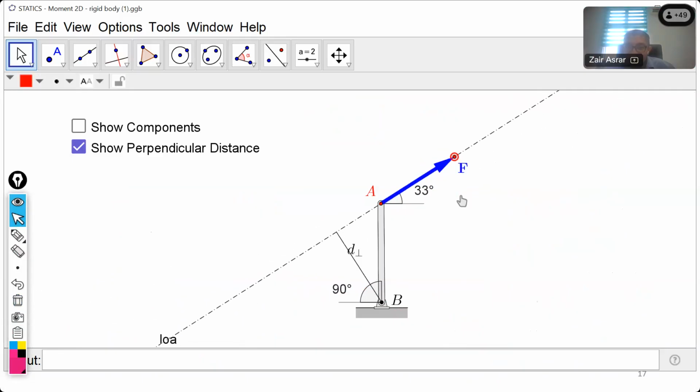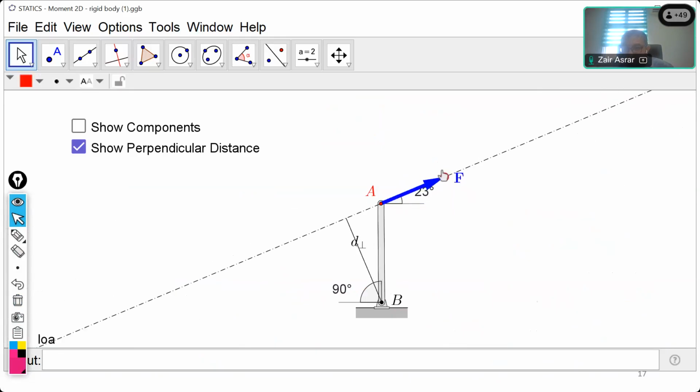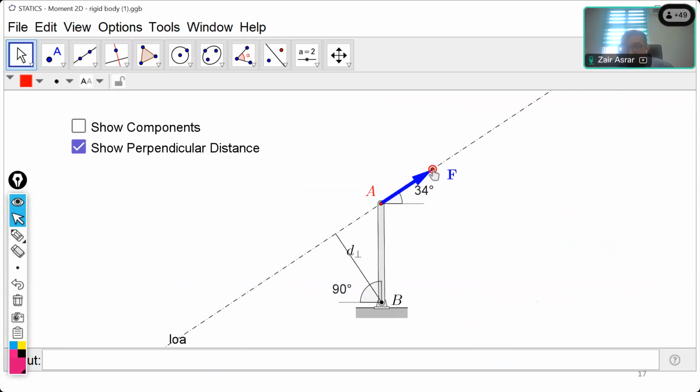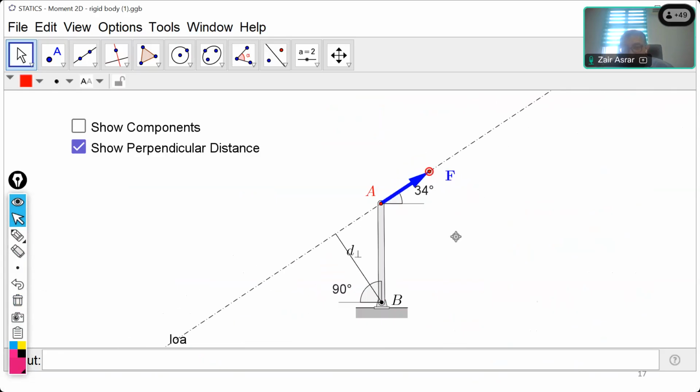Previously I started off with something like this, so the perpendicular distance will be the same length as AB. If I change the angle, what you need to do is to determine the line of force, and then from that line of force determine the perpendicular distance.